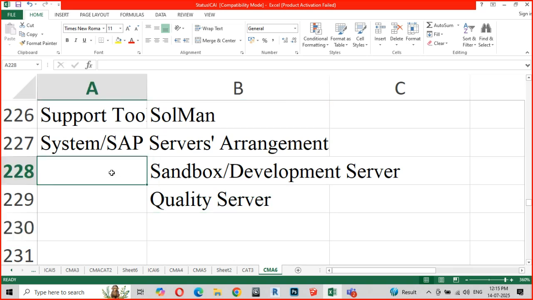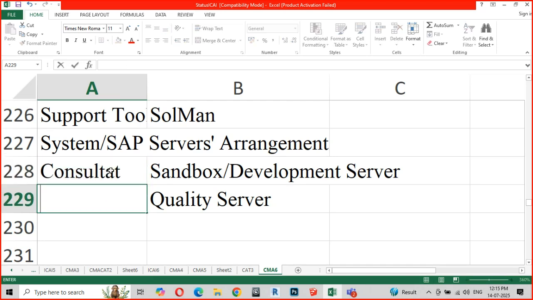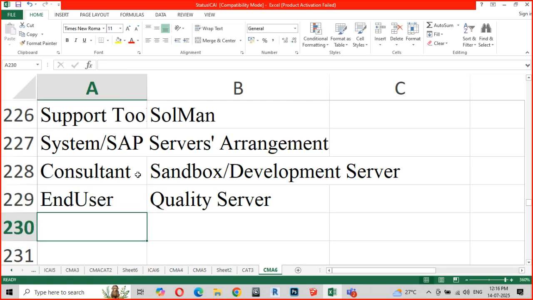So here is the space used by the consultant. The consultant uses the development server or the sandbox server, develops the solution and lets the end user know that he has developed the solution.